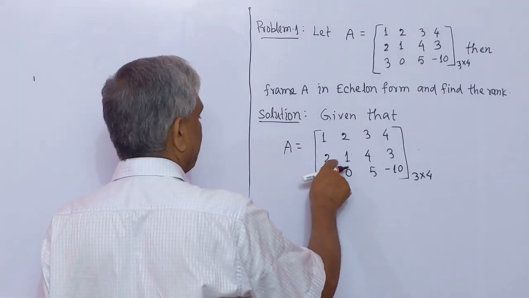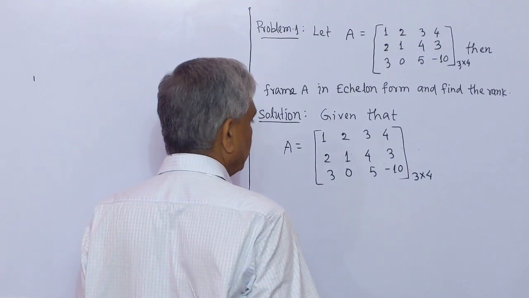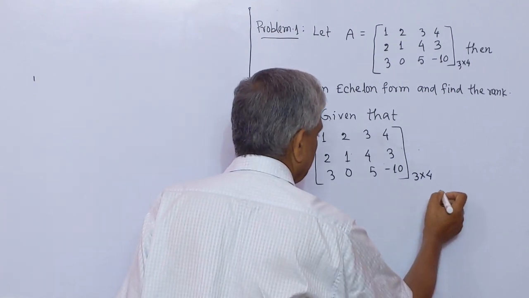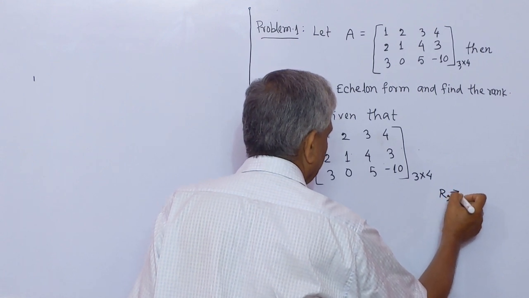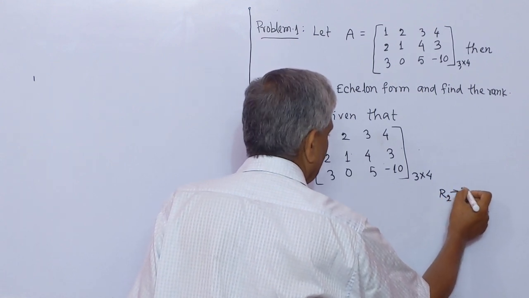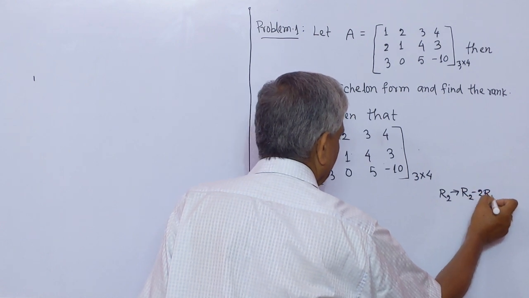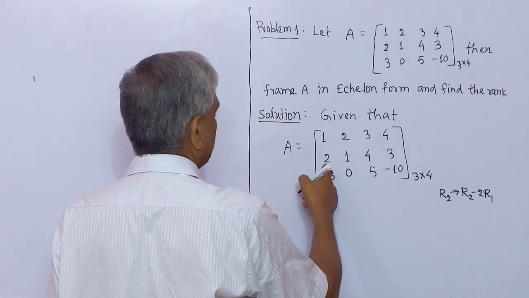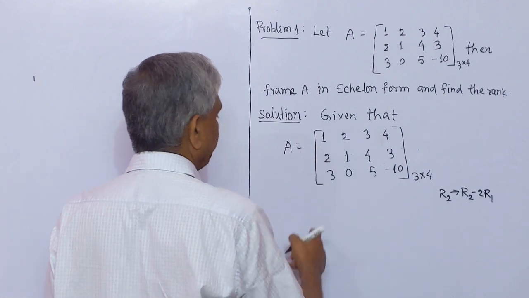To make 0 in this place, we need to use the elementary transformation R2 in place of R2 minus 2 R1. So 2 minus 2 into 1 is 0.